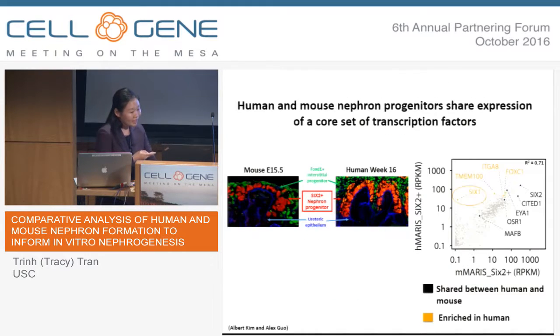With this technology, we were able to isolate the Six2-positive population by performing Six2 transcription factor staining, and then isolate these and do RNA-seq on them. And these are just some highlights of the human-unique genes from the nephron populations. This is just one cell population that we are isolating, and we aim to isolate other populations in the human.